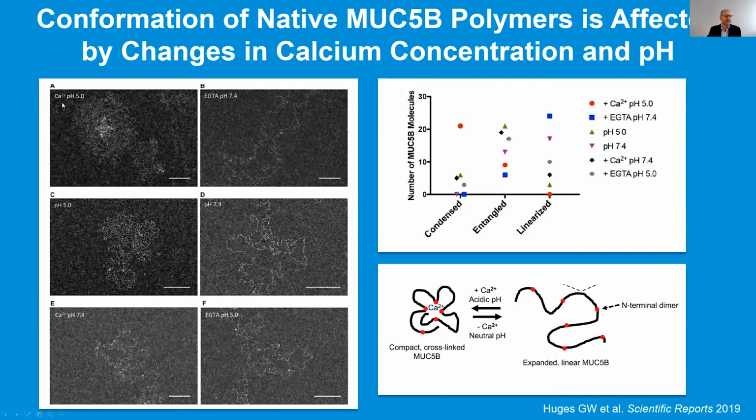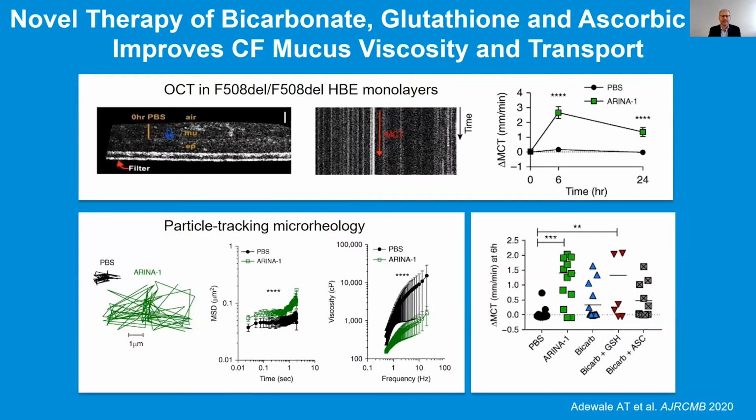And the finding was that in the presence of high calcium, low pH, the MUC5B polymers acquire a more condensed, compacted configuration, whereas under conditions with low calcium or neutral pH, they are more expanded and linearized, again supporting the concept that high calcium and acidic pH lead to a more compacted and cross-linked MUC5B, whereas under neutral pH conditions and low calcium, the molecule is more linearized and expanded.